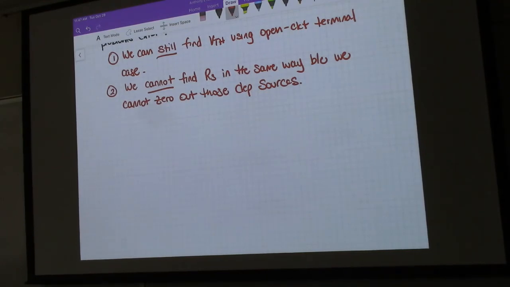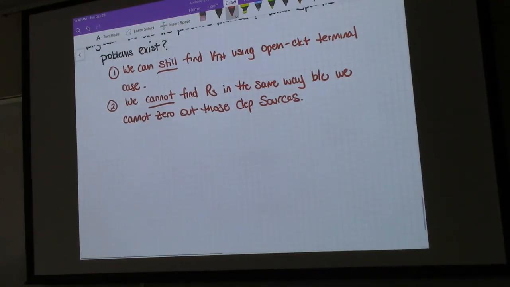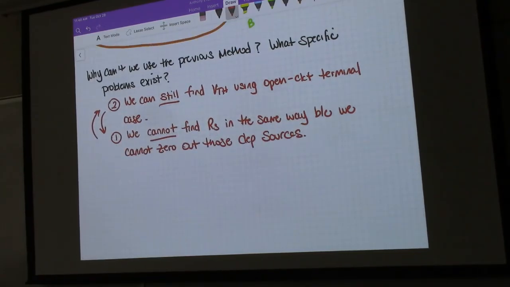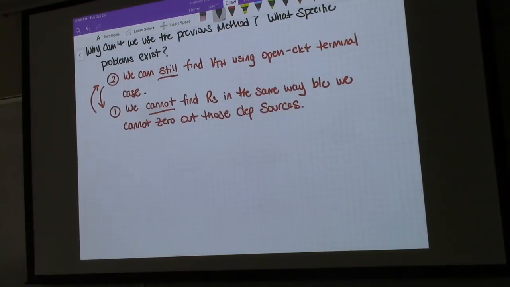So what are we going to do instead? I don't know why I wrote this like this. This is step 2. This is step 1. Next time I want to change their places just so it matches with the previous. Okay, so what are we going to do instead?